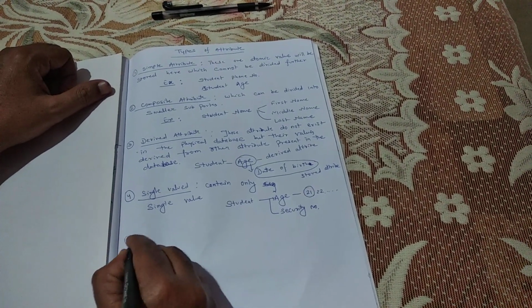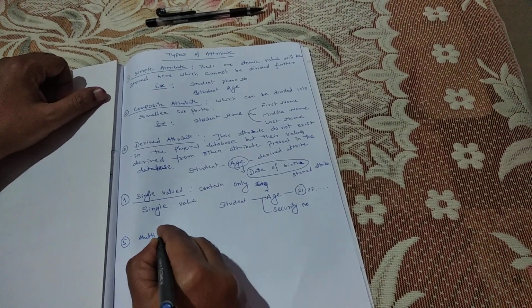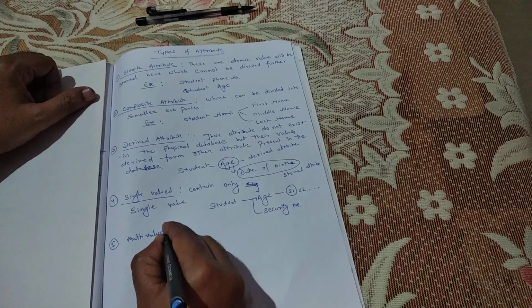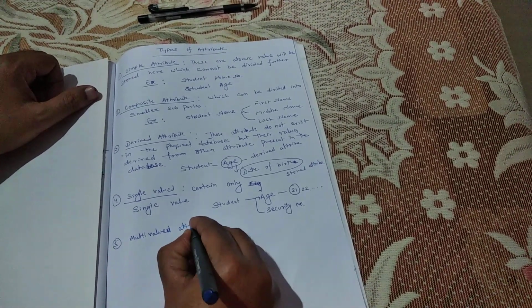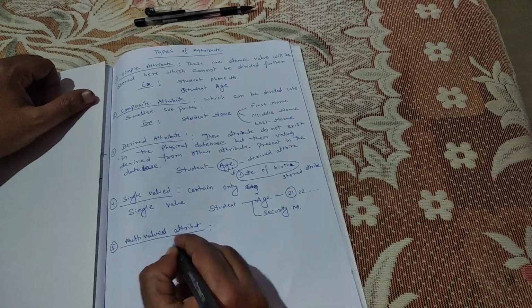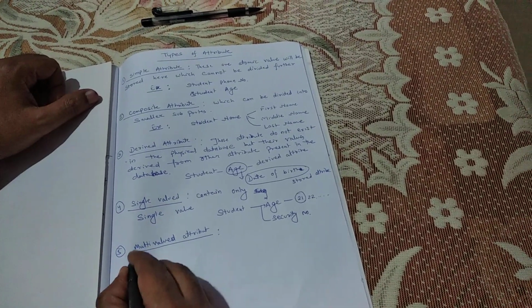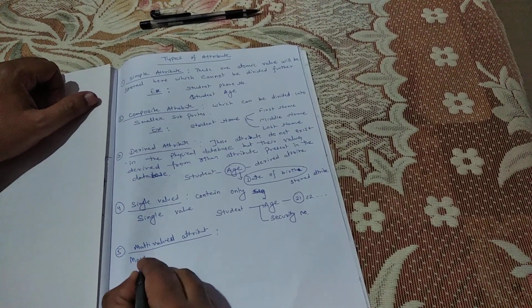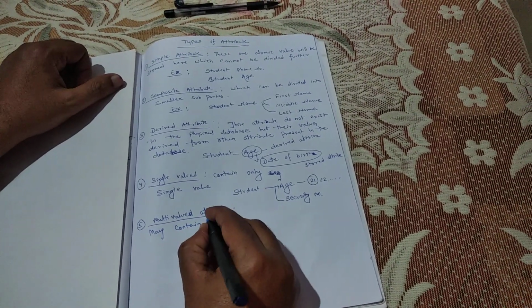Now next is the multi-valued attribute. What is a multi-valued attribute? A multi-valued attribute may contain more than one value.